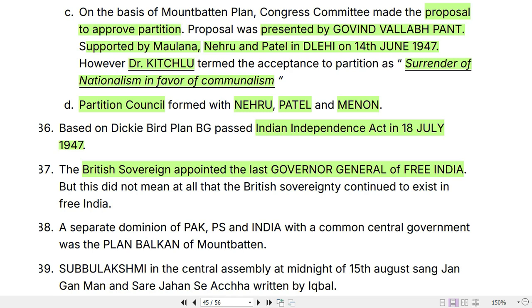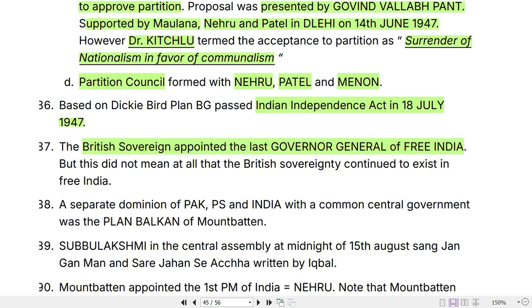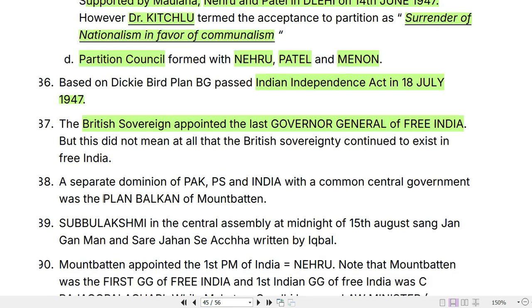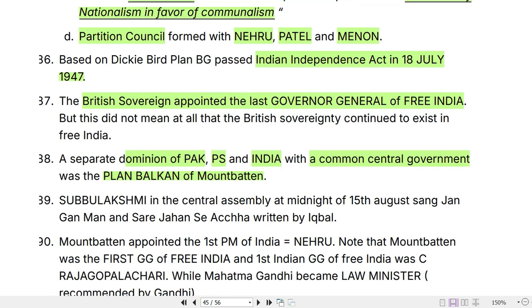Like I said, the Plan Balkan of Mountbatten was to make separate dominions of Pakistan, princely states, and India with a common central government. But this did not come to fruition.